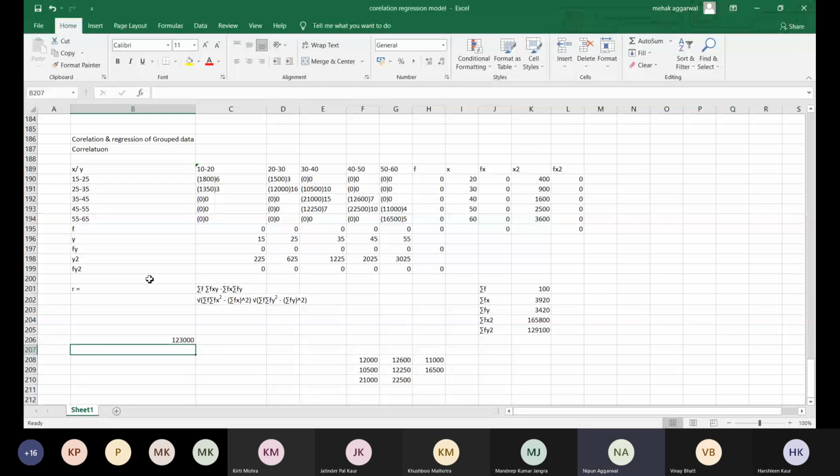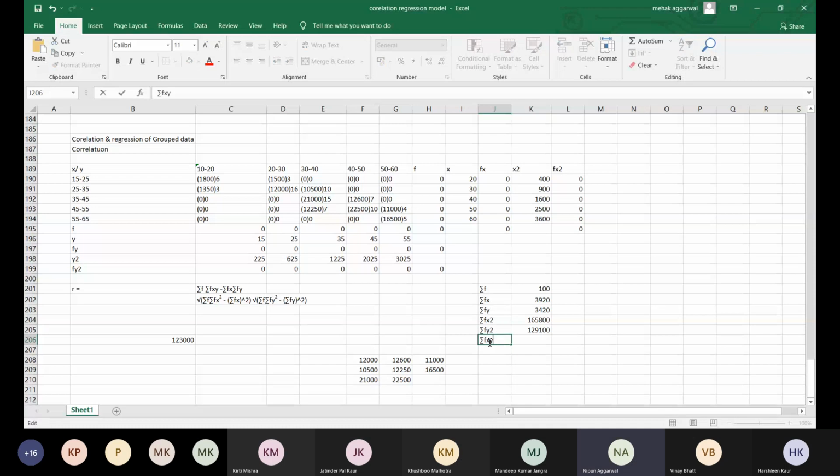That comes out to be 123,000. So the summation of fxy comes out to be 123,000.